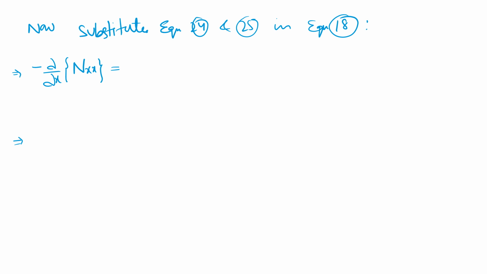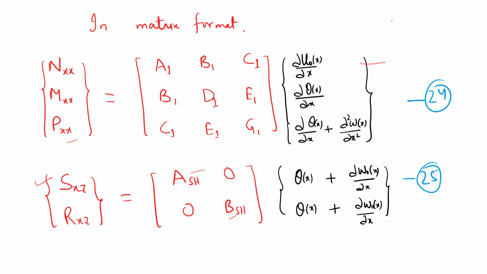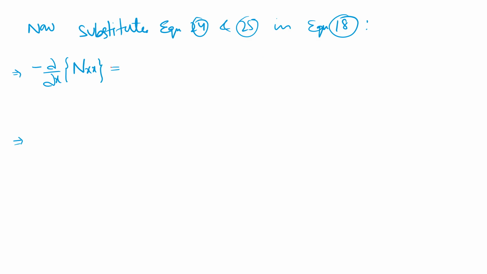So now finally what we will do, we will just keep equations 24 and 25 in equation 18 of the governing equations, and we will put the value of, suppose, minus ∂/∂x of Nxx.